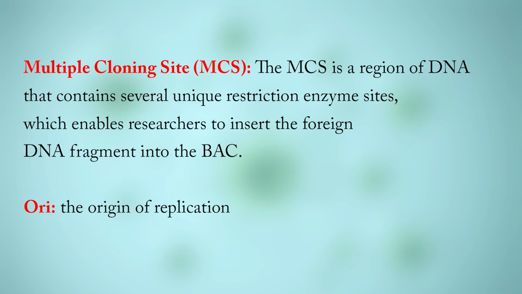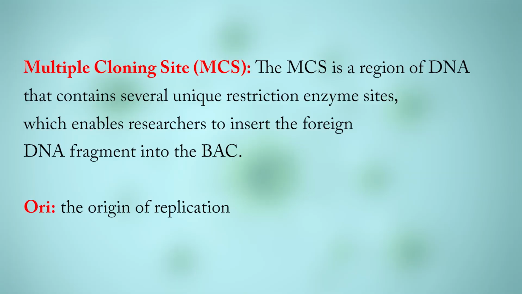The next important feature, as for any vector, is the multiple cloning site. It is the region of the DNA sequence that contains sites for restriction enzymes, where one can digest the vector and insert the foreign DNA into the yeast artificial chromosome. The origin of replication is also important for its independent replication.